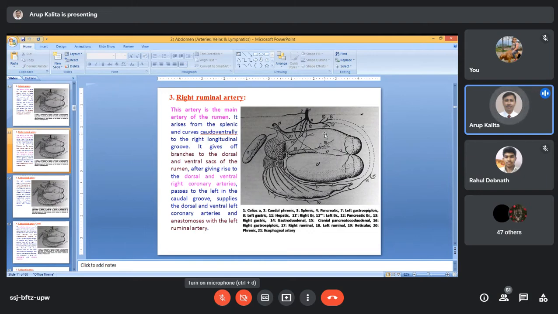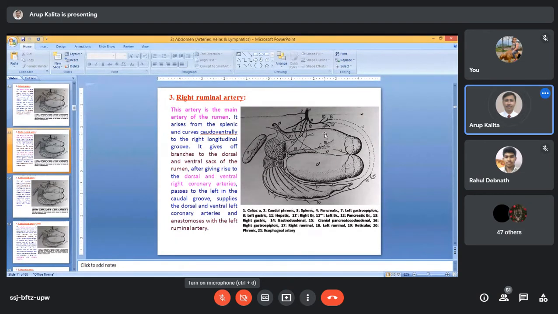Should I repeat once again what you have to remember? So right ruminal artery arises from the splenic artery. It will supply blood to the right surface of the rumen and joins with the left ruminal artery. Sufficient. If you know this much, enough.